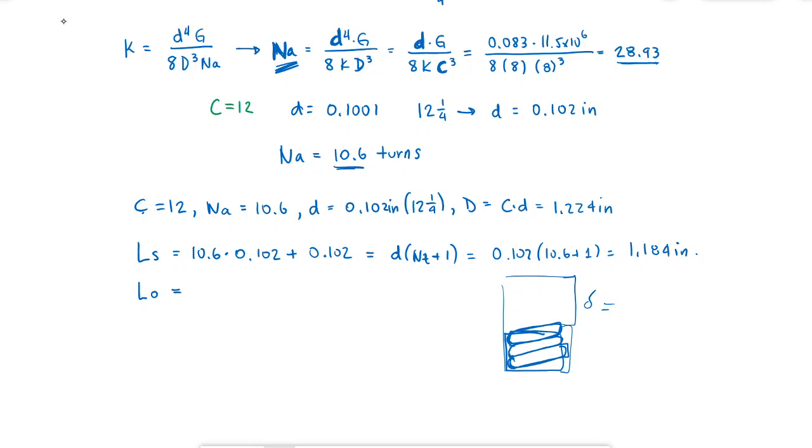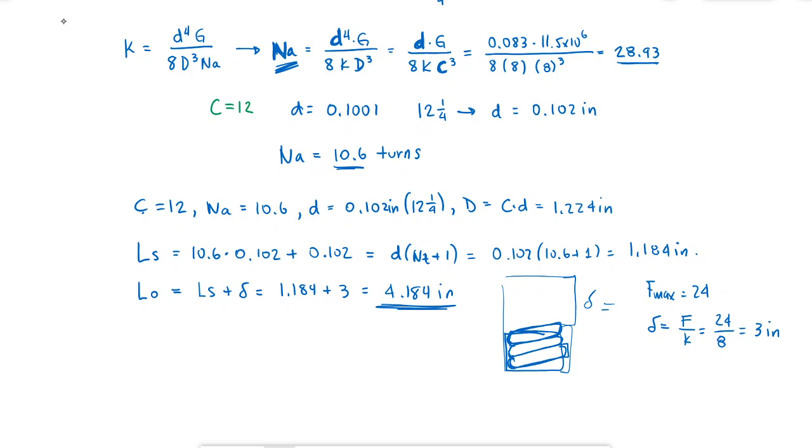And if 24 is the F max that brings down the spring to the solid length, I can calculate that deflection as F over K. So 24, and the spring constant was 8, this is 3 inches, and therefore the free length is the solid length plus my deflection. So 1.184 plus 3 inches.